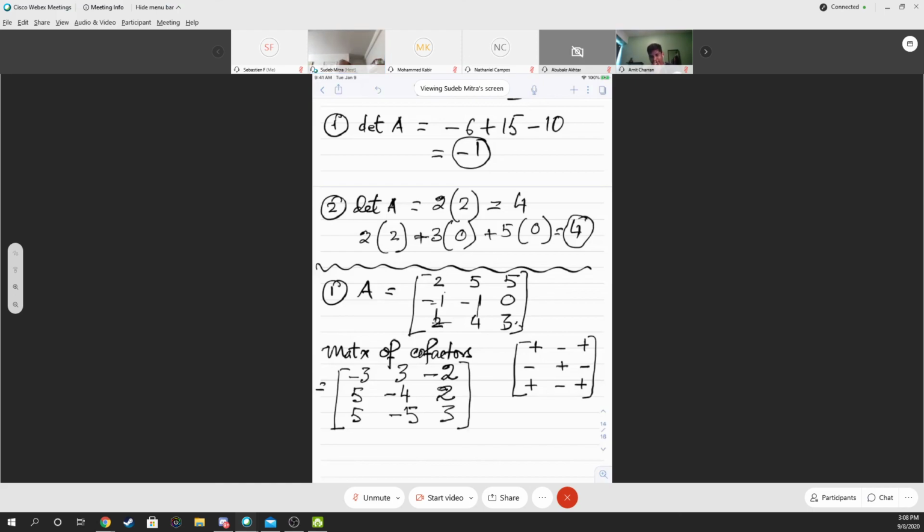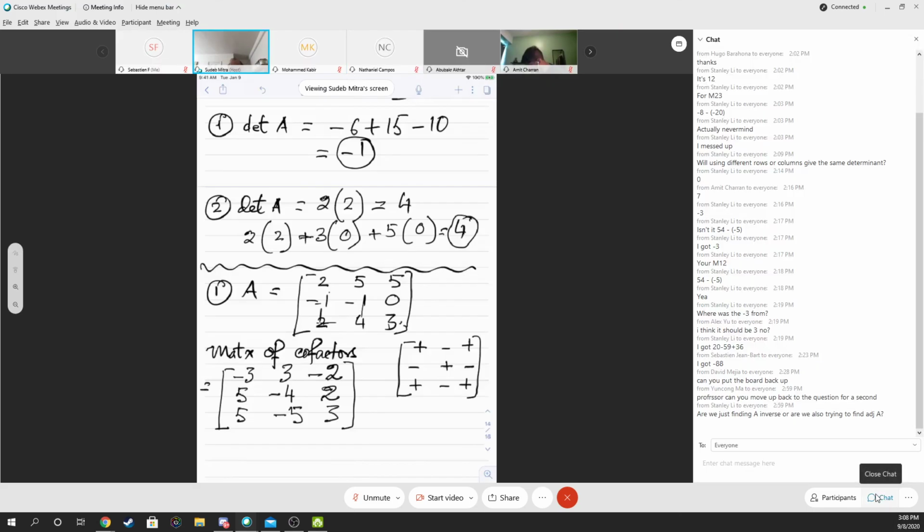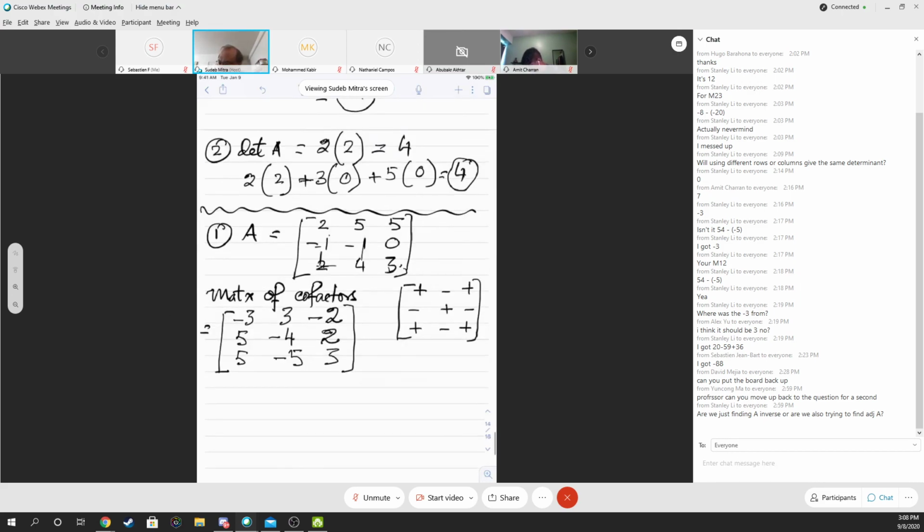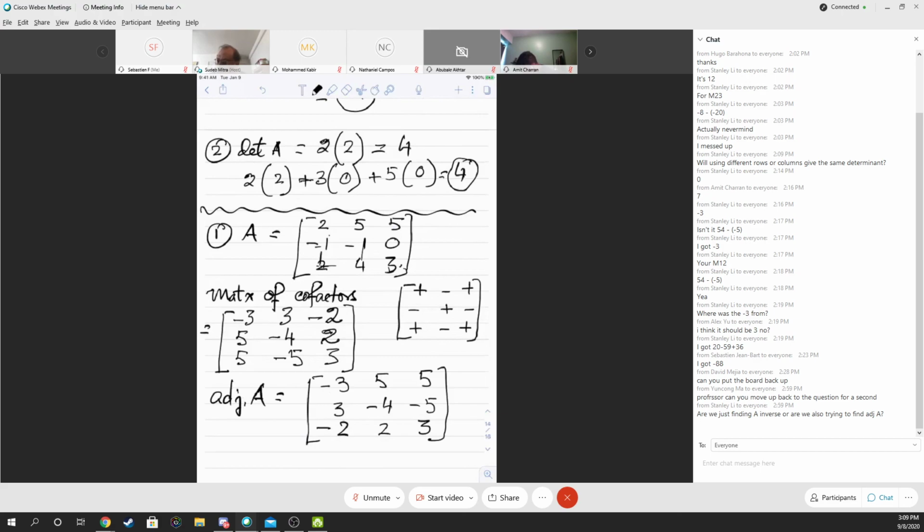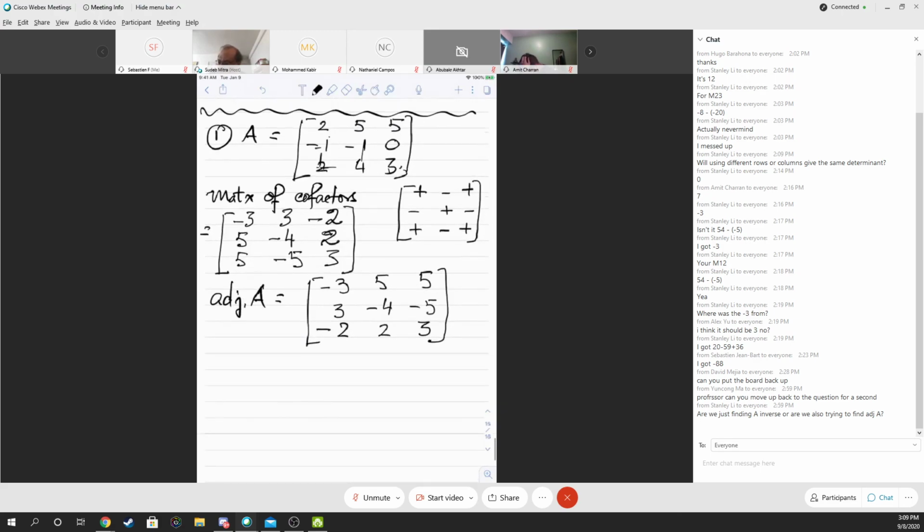Did all of you get this? Can you please tell me, did all of you get this? Adjoint A will be the transpose of this. And what is the A inverse? Well, here the determinant is minus 1.